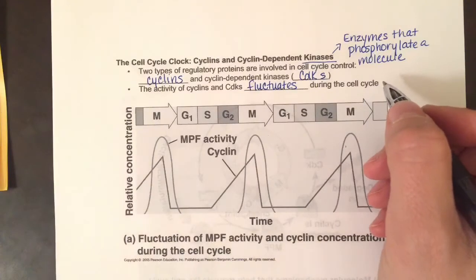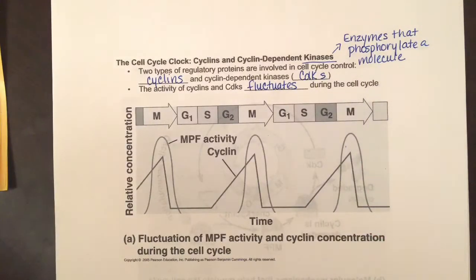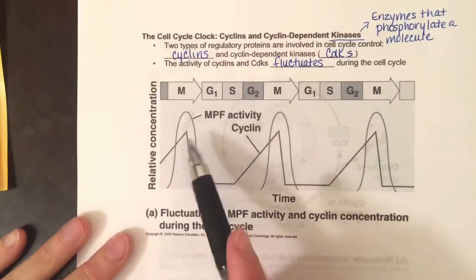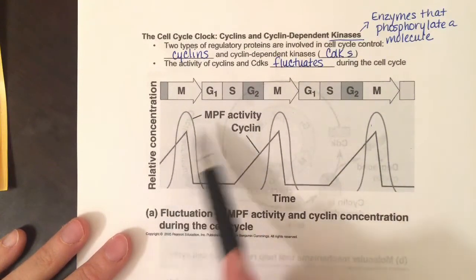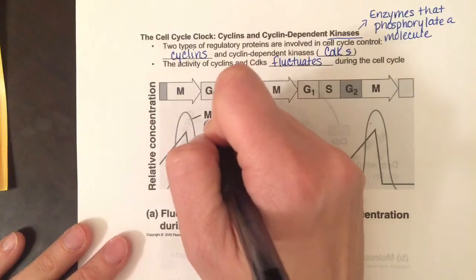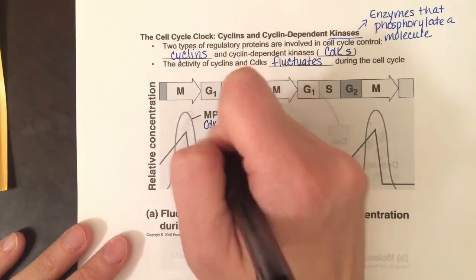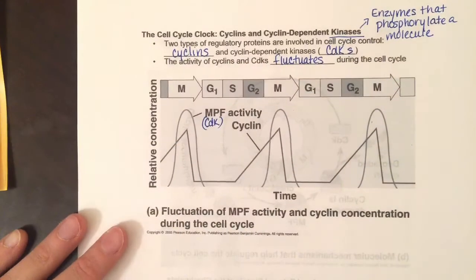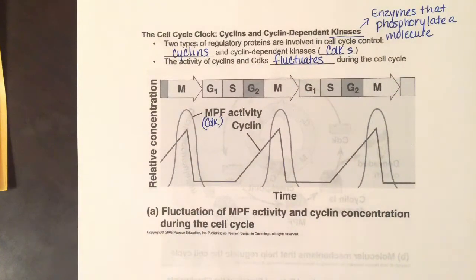So we're going to look at one type of CDK called MPF. And so we have cyclin and MPF. I'm going to put here, this is a CDK. So that's what MPF is.